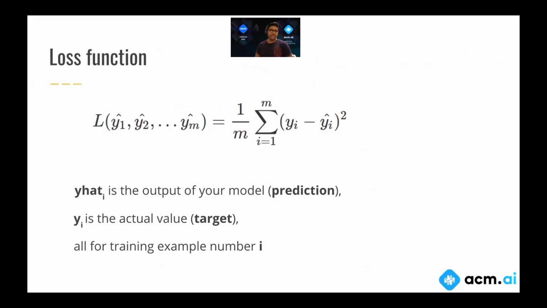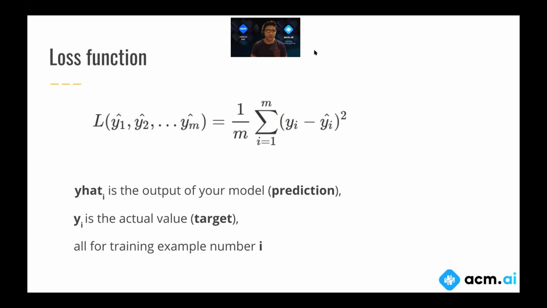The main way we learn our weights in linear regression, and in essentially any machine learning model, is using the loss function. The loss function gives us a way to assign a numerical value to how bad our predictions are compared to what the actual output of the model should be.